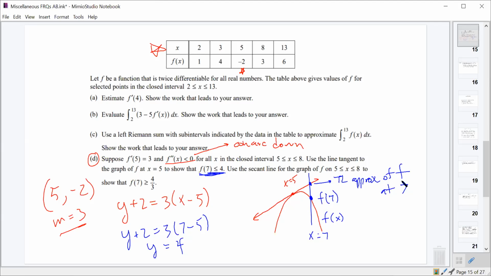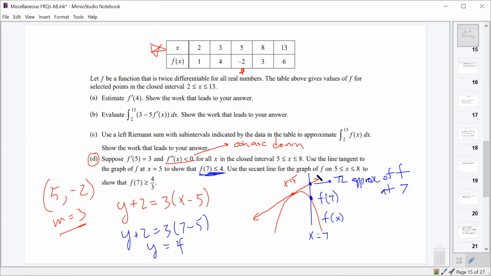Does that make sense? Because the function is concave down, the tangent line approximation is an overestimate. Correct. And so the true value is less than the value we get from the estimate.